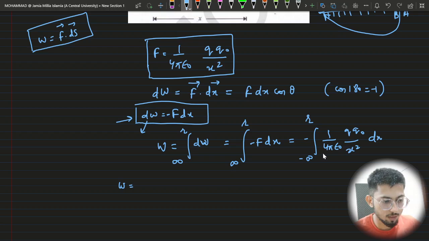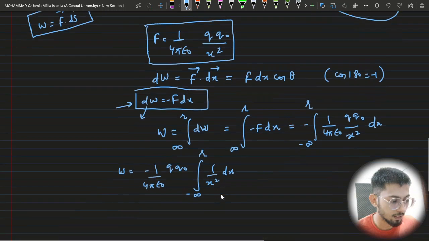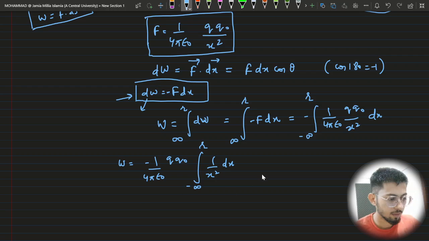So this is constant, 1 by 4 pi epsilon naught q naught. See, 1 by x squared dx is not a constant, it is a variable. So we will keep it here inside the integral. Now further, q naught negative of this.